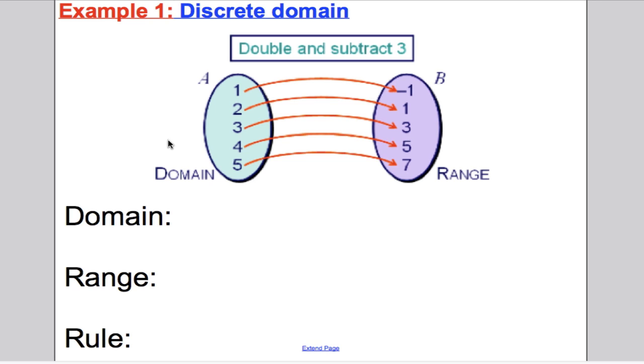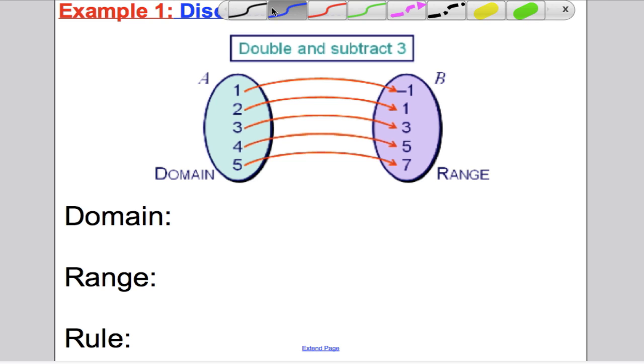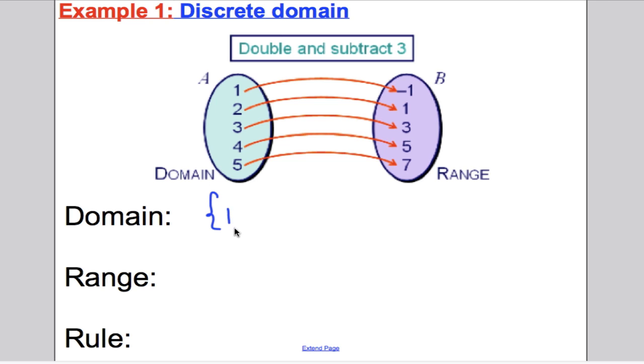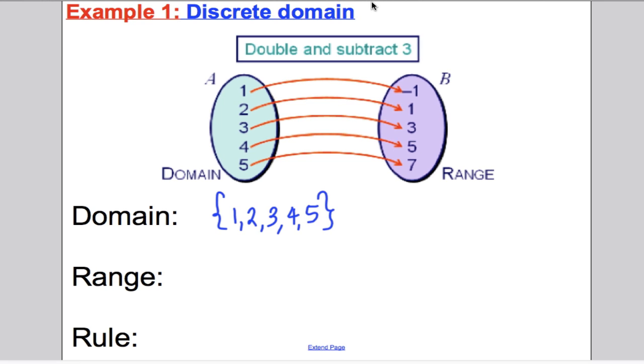Okay, so if I was going to write the domain there, what are the numbers? Well, the domain is the set of numbers 1, 2, 3, 4, or 5. And the range is the answers you get when you put these particular 5 numbers in, and you apply the rule to them, and they are the numbers you get out. So you get 5 numbers out.